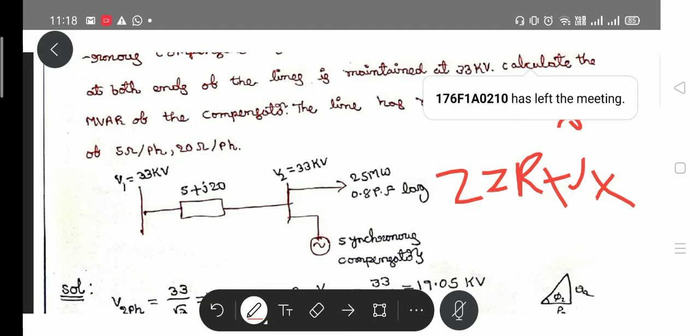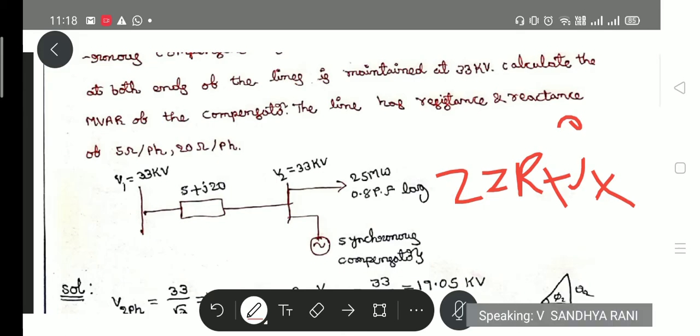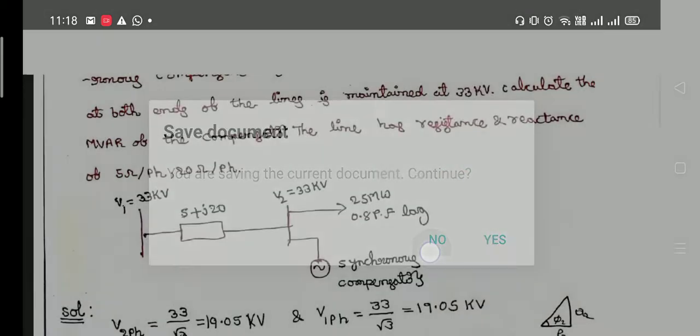The power is 25 megawatts and power factor 0.8 lagging. They are asking to calculate the MVAR at the compensator. So we can calculate the reactive power.